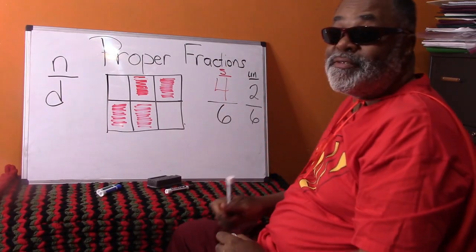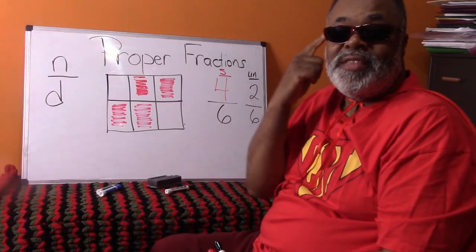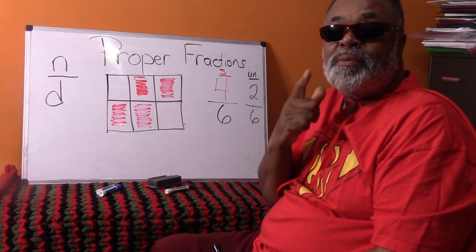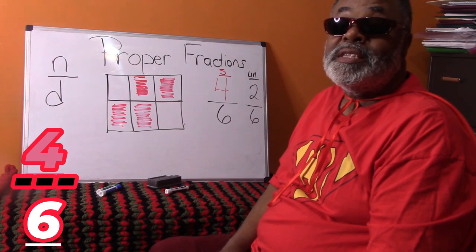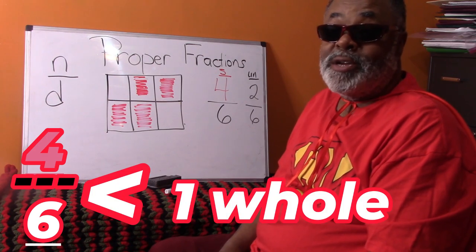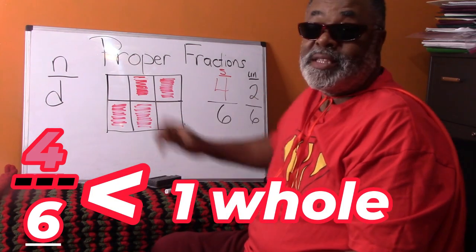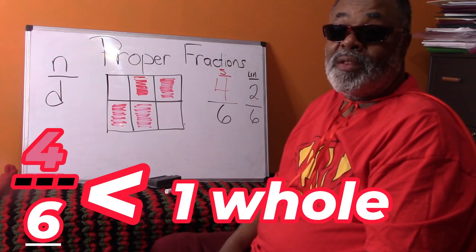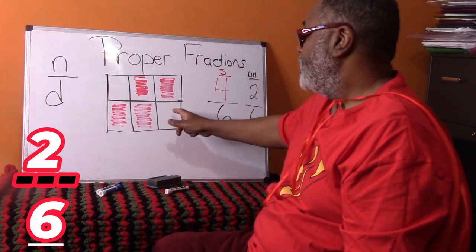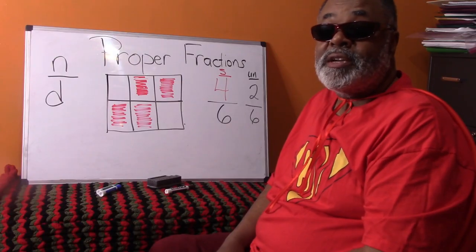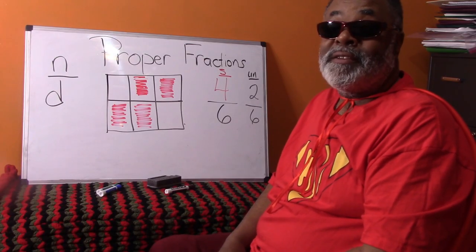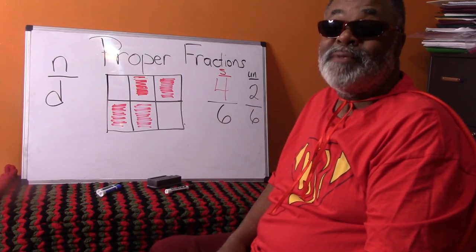I put S for shaded. What can you think of as another characteristic of a proper fraction? 4/6 is less than one whole because the whole thing is not shaded. And 2/6 is less than one whole. A characteristic of a proper fraction is that the fraction must be less than one whole.